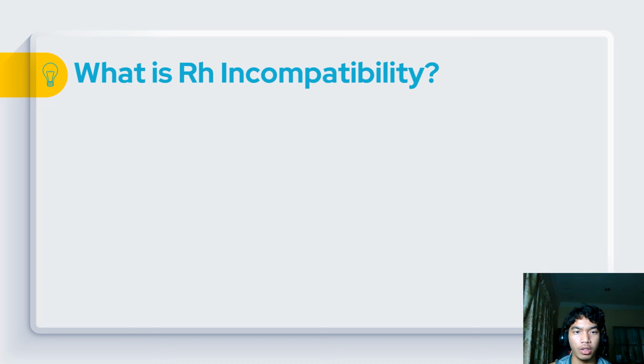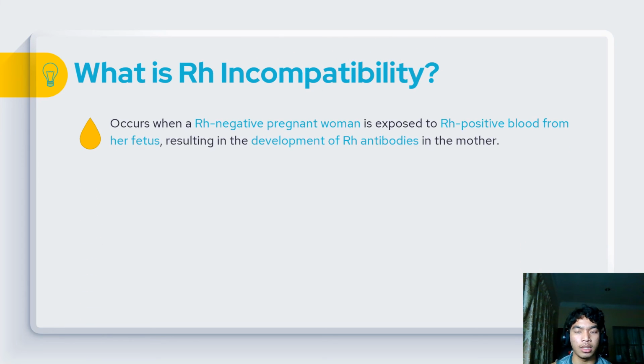Okay, just now we found out about the rhesus factor. Now we need to know about the RH incompatibility. RH incompatibility occurs when an RH negative mother is exposed to RH positive blood from her child, resulting in the development of RH antibodies in the mother. Why does this happen?